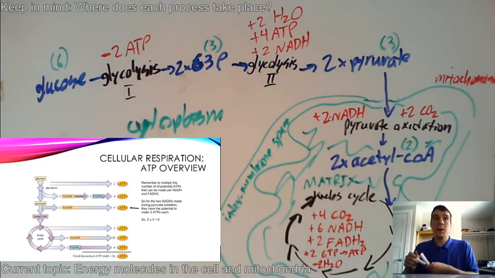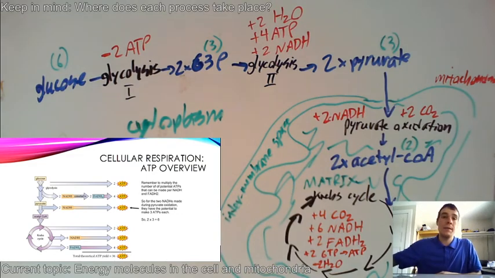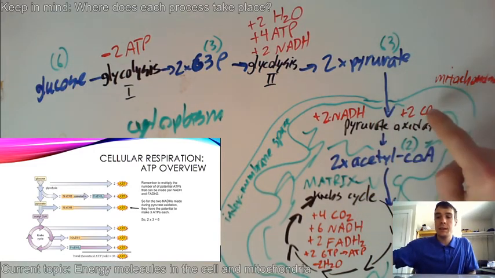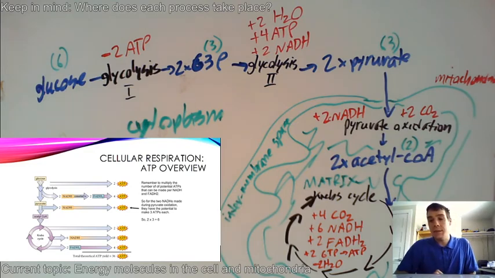None of our glucose processing happens there. None of the carbon stuff happens there. All of the CO2 gets released inside the matrix.